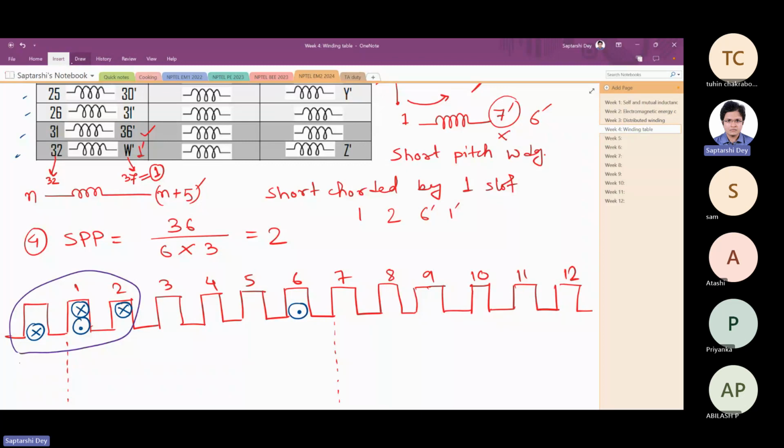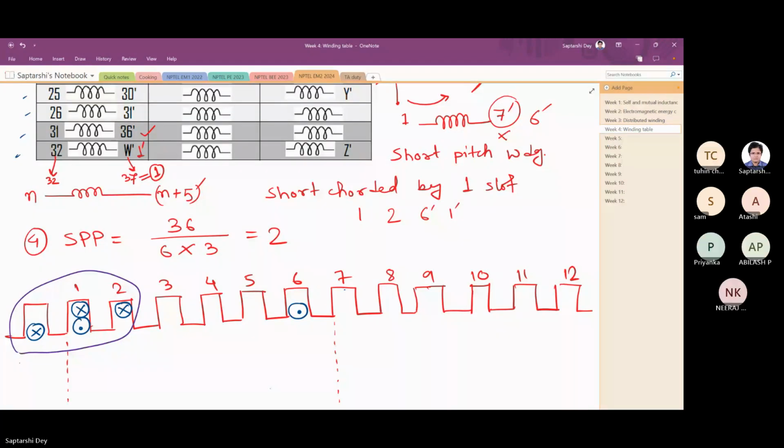So now, without even looking at the winding table, just by looking at this encircled drawing, we can draw the other side of phase A. Only thing, oh sorry, this will be dot.